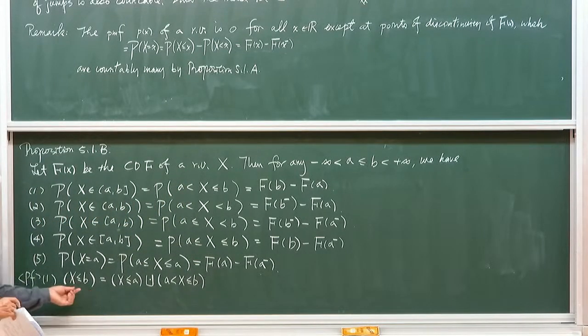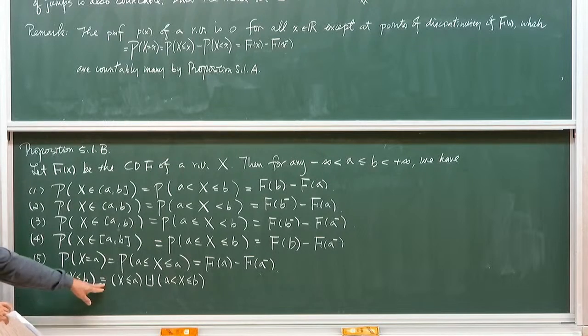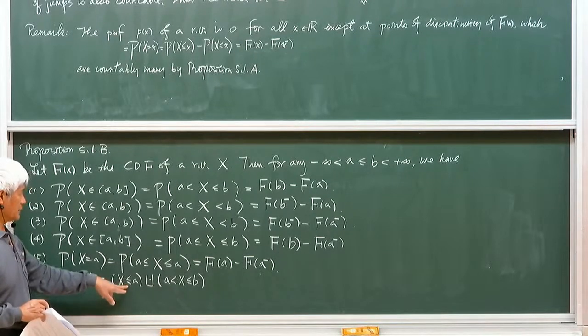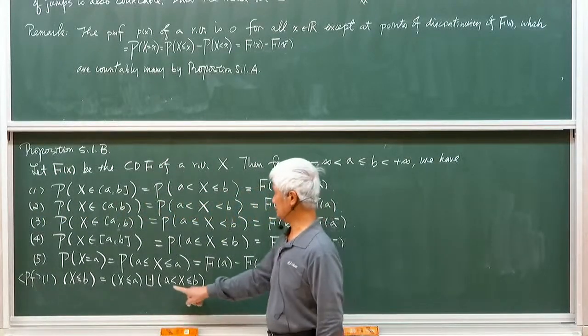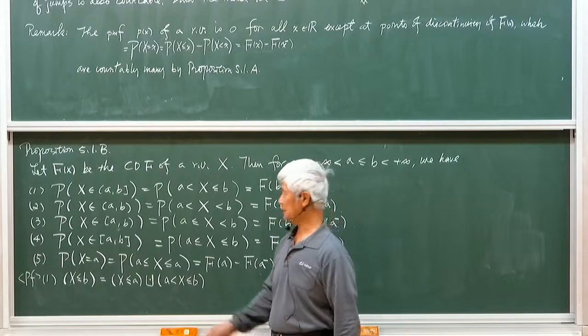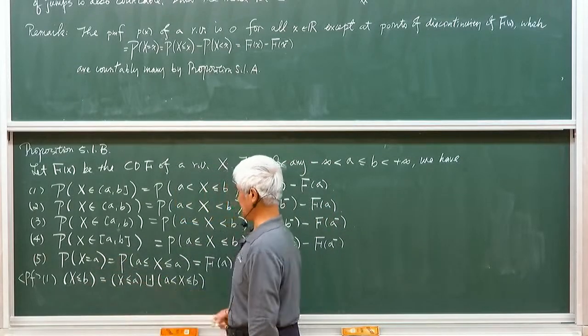This is the event that consists of all outcomes omega whose value under the random variable X, which we model as a measurement device, gives a measurement result less than or equal to b. All the values less than or equal to b are equal to all the values less than or equal to a, or bigger than a but less than or equal to b. So this is the disjoint union.